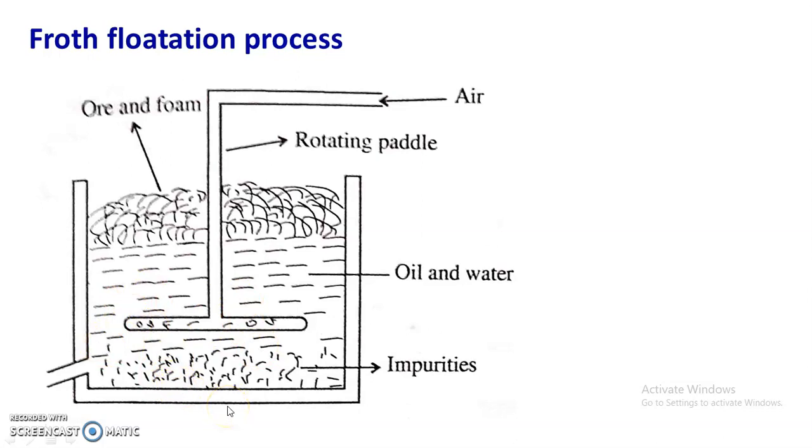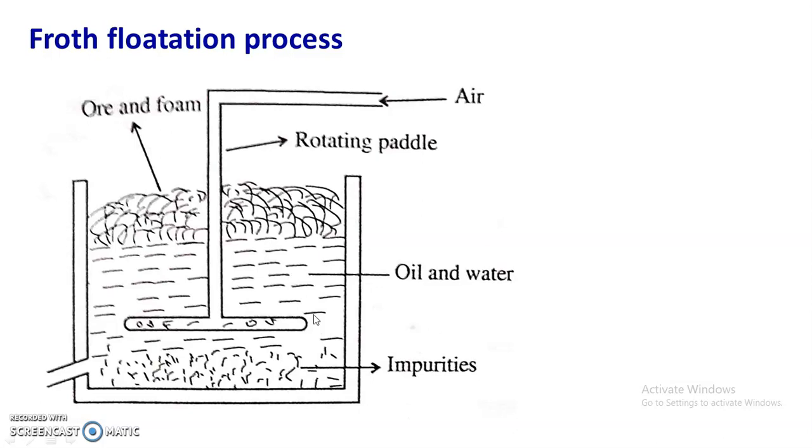Now as soon as the powdered ore comes in contact with froth and water, the finely divided ore is introduced in water containing small quantities of oil like pine oil or eucalyptus oil, and the mixture is agitated or stirred violently in the presence of air.